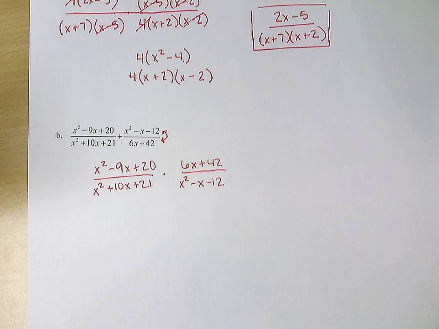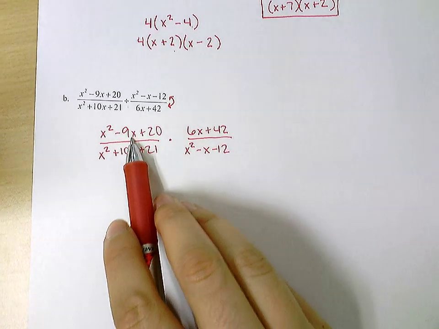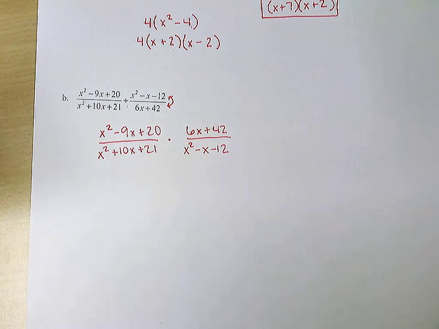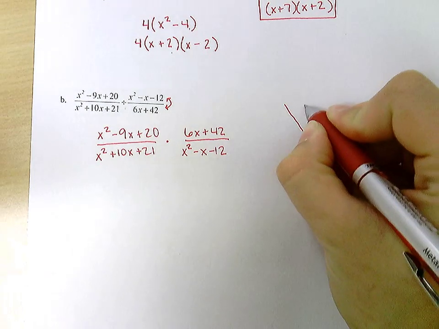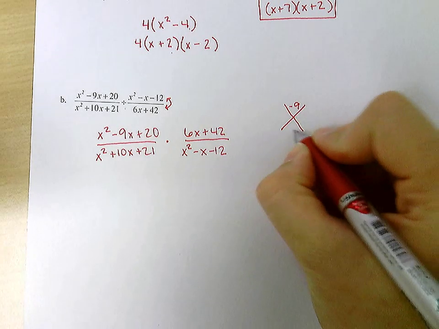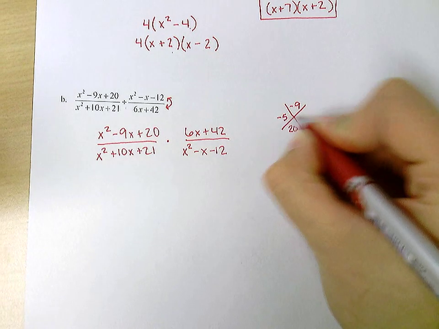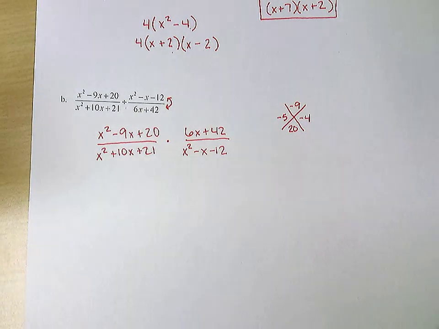And from here, we just factor like we did in letter A. So I want to factor my numerator. So again, I can do the x method off to the side. What adds to negative 9 and multiplies to 20? That's negative 5 and negative 4.